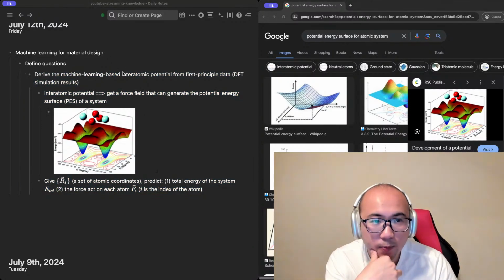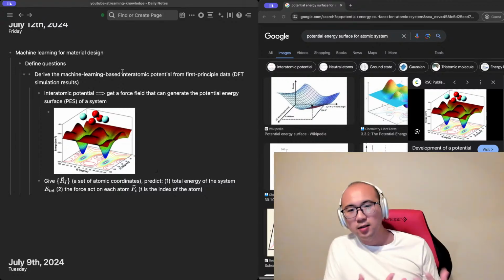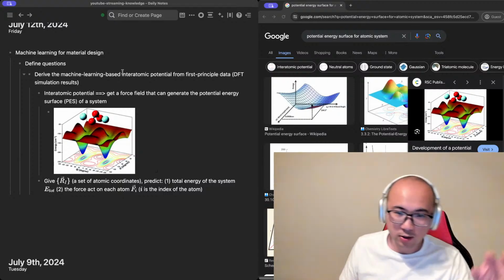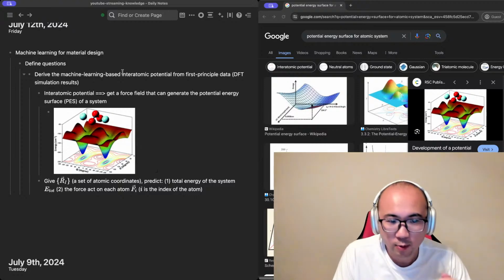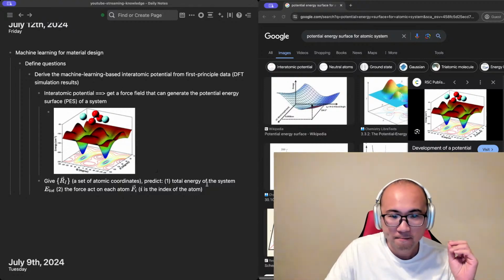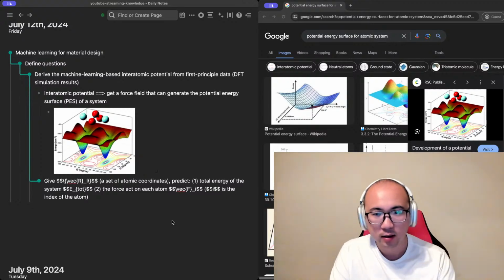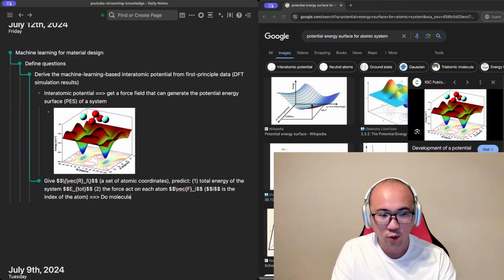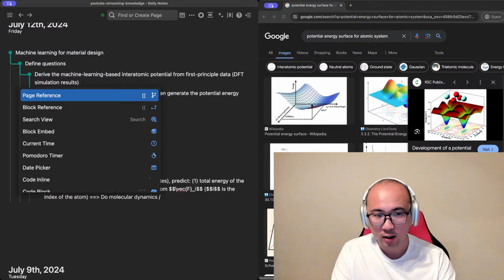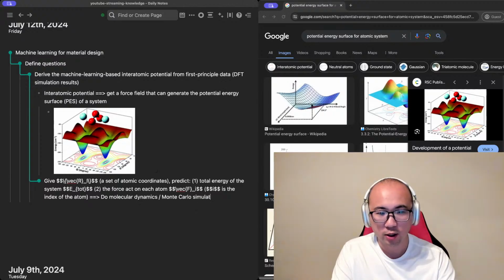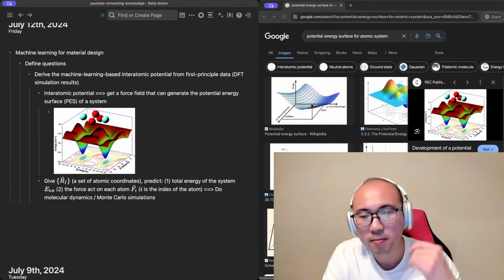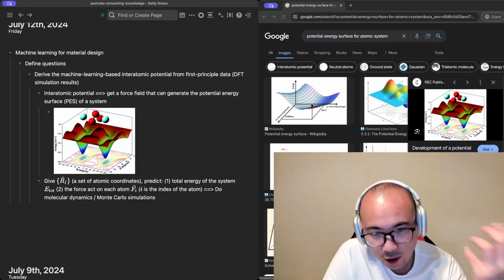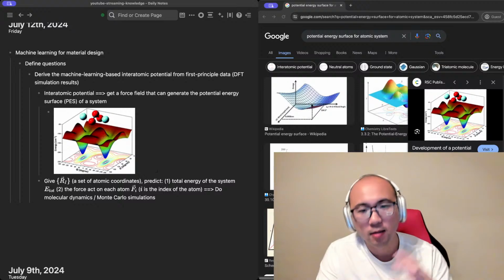All right, so what we really want is a series of atomic coordinates, the energy, and the force on each atom. If we can get this correctly, we can do molecular dynamics or Monte Carlo simulations, because both depend on the potential energy surface.